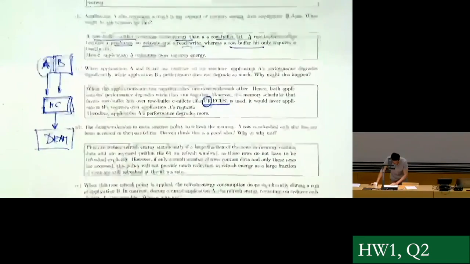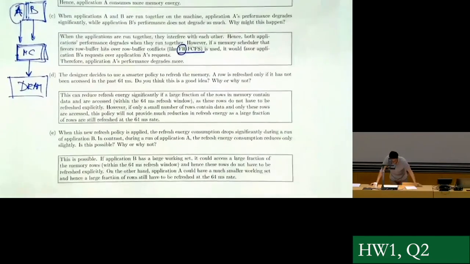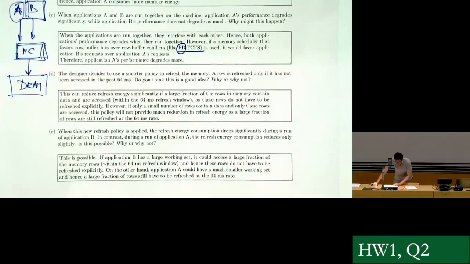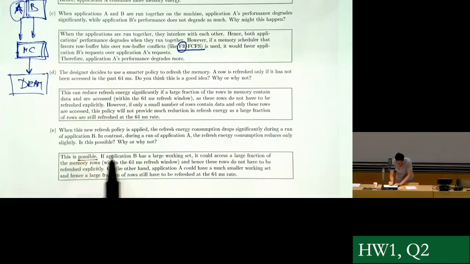And the next part says, when this new refresh policy is applied, the refresh energy consumption drops significantly during a run of application B. In contrast, during a run of application A, the refresh energy consumption reduces only slightly. Is this possible, and why or why not? It says yes, it's possible.